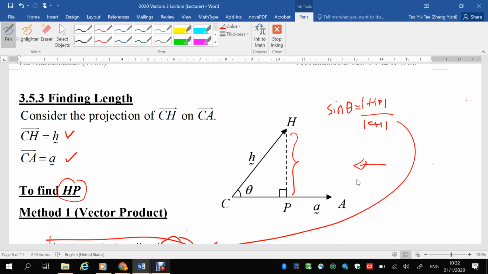The formula looks almost the same. One is dot, one is cross. So this is why I keep telling you, when you're writing down your solutions in your answer script, make sure it's clear to yourself whether it is a dot or a cross. The meaning is totally different. The formula looks exactly the same, the proof also the same, but this is when things can get confusing for you.